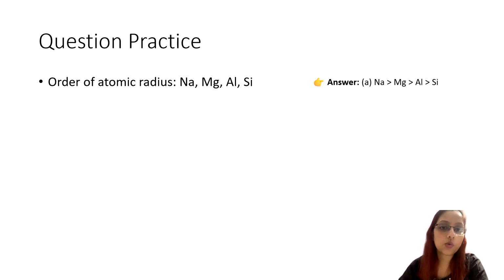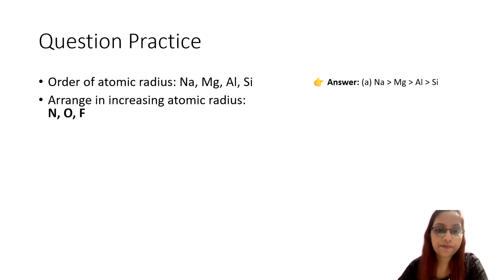Why? Because all of these elements are in period 3, and as we move across a period from left to right, the atomic size decreases due to increasing nuclear charge pulling the electrons closer. So that is the first question. Next, arrange in increasing atomic radius nitrogen, oxygen and fluorine.